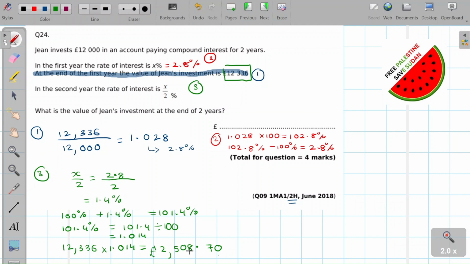That should be it. Now I can double check this again if I have time in the exam. I'm going to use the full number, 12,508.704, and divide it by 1.014 initially.